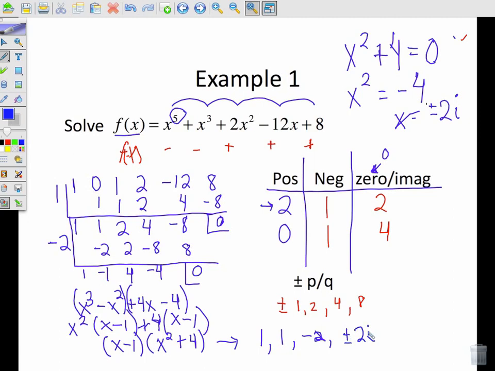That would give me all 5 of my solutions. Some things that you have to do is you might have to do your synthetic division several times before being able to find the ones that work. Okay, that's your final result. You can see here I've got that multiplicity at 1.